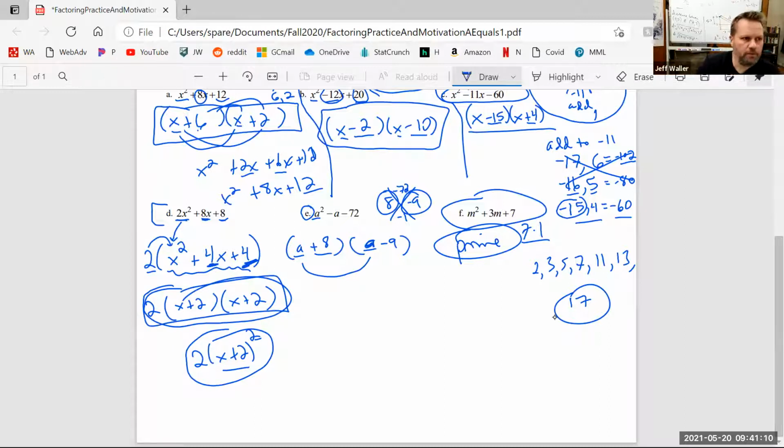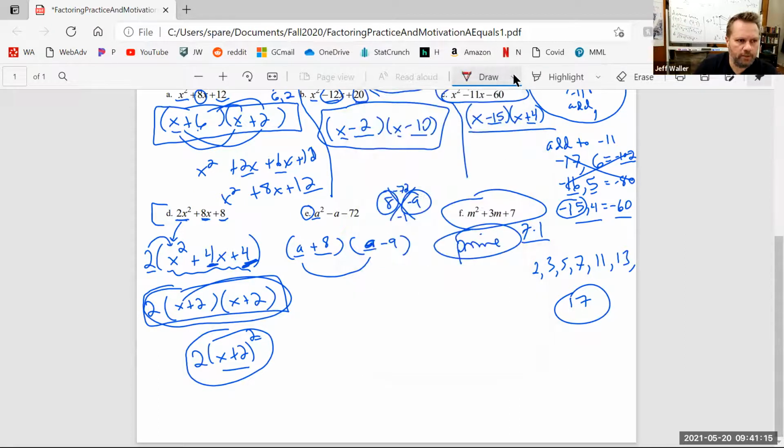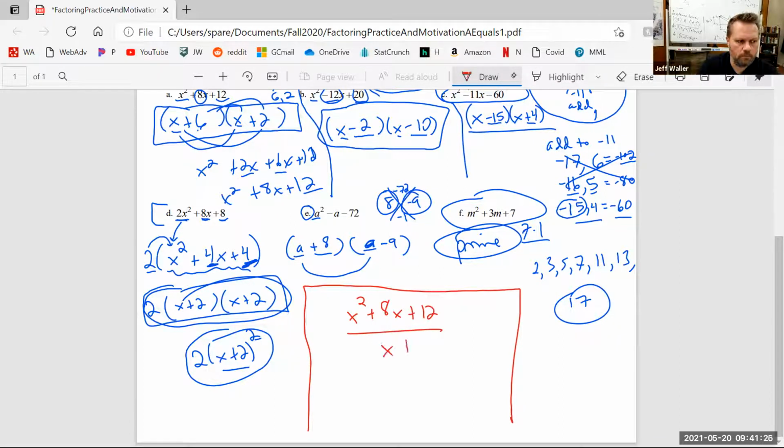So I want to give you a little motivation for what factoring is useful for. So watch this. What if I had this problem? Now, can somebody tell me real quick, a little side note, 3 plus 5 divided by 3. Can I cancel the 3's?